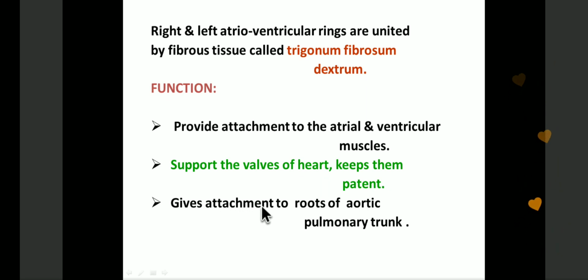They also provide attachment to the roots of the aorta and the pulmonary trunk, which are emerging from the heart: pulmonary trunk from the right ventricle, aorta from the left ventricle, where they are attaching to the wall of the heart. So at the site where the roots of these structures are, they get attachment.